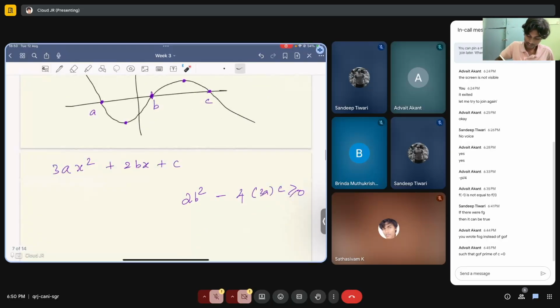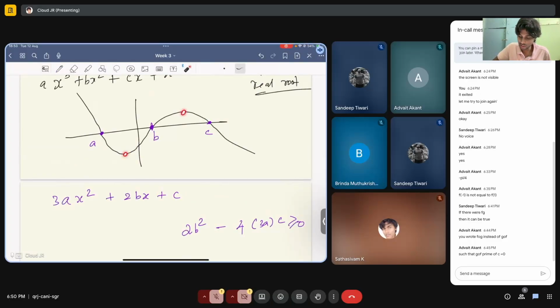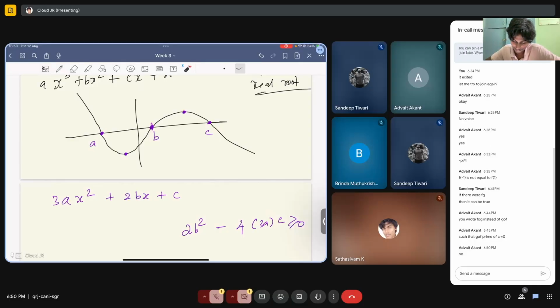Anyway, just an aside. If we have two such roots, does that mean that you will get three real roots?